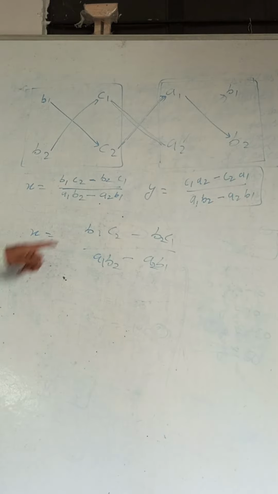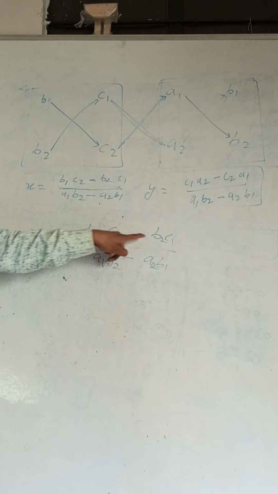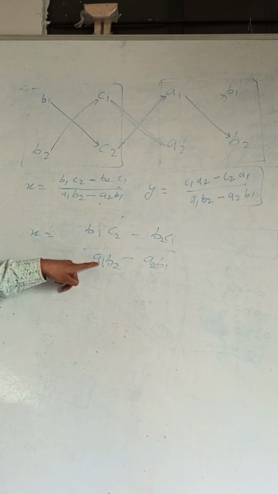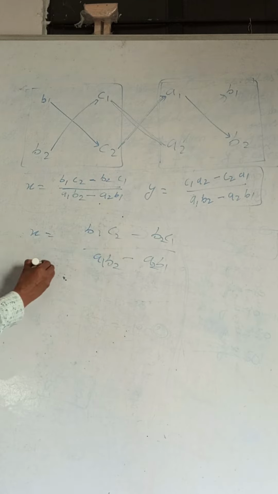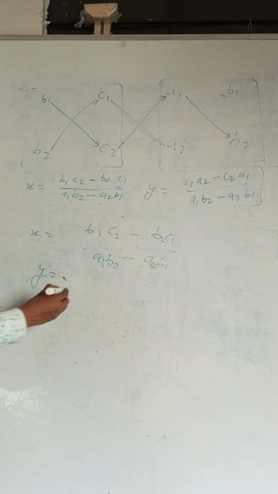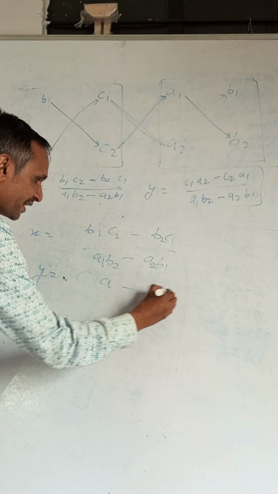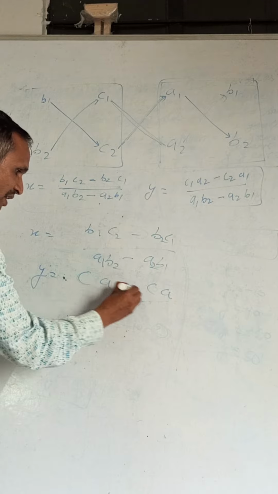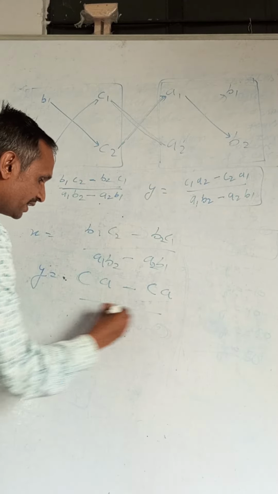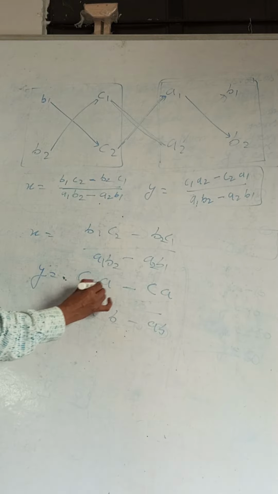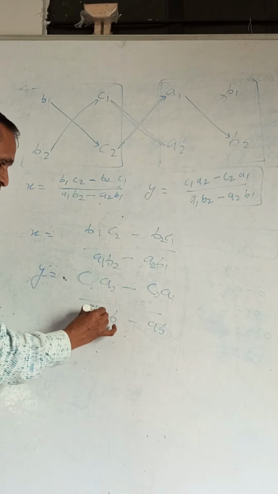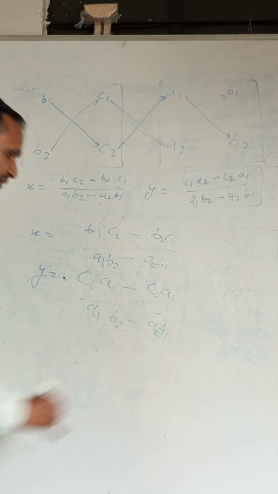That's the formula: B1 C2 minus B2 C1 by A1 B2 minus A2 B1. What will be the Y formula? Y formula is CA minus CA by AB minus AB, again with 1, 2, 2, 1, 1, 2, 2, 1.